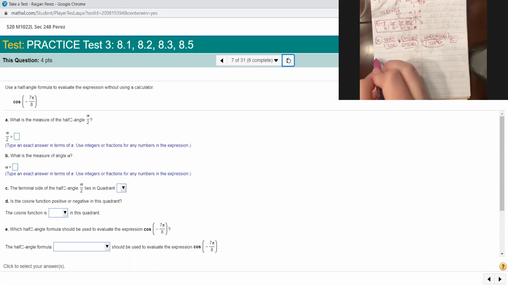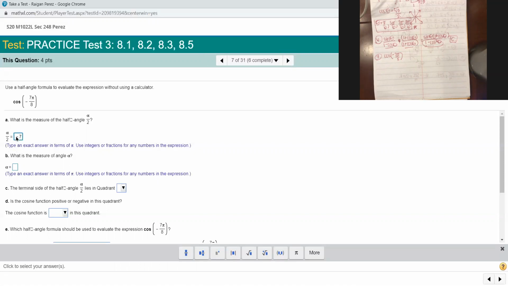Okay, number 7. All right, use a half angle formula. So I have cosine of negative 7 pi over 8. I'm looking for my half angle formula. So what is the measure of the half angle?